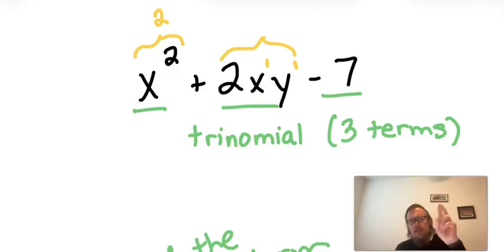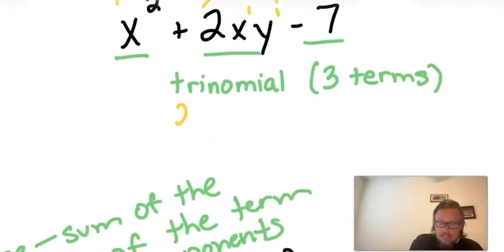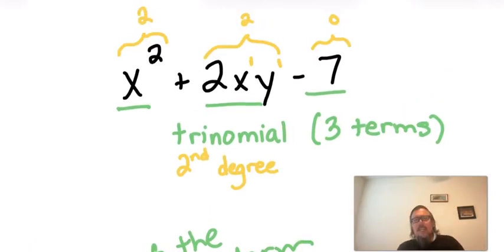And then, of course, our minus 7 here doesn't have a variable, so degree 0. So our highest degree of any individual term is 2. So this guy is a second degree, and so the name of this polynomial is a second degree trinomial.